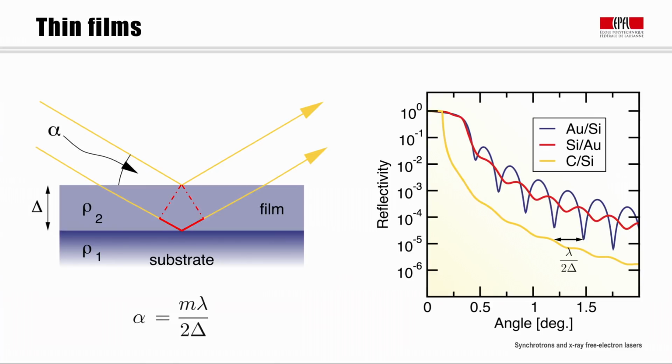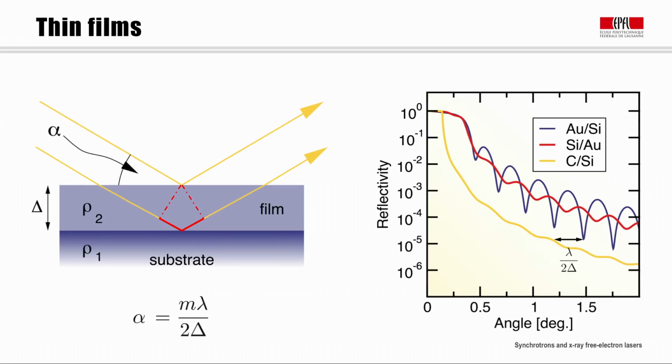This is essentially just a restatement of Bragg's law, where alpha is equal to theta, and we approximate sine alpha with simply just alpha, as long as we express that in radians, for the shallow angles relevant to X-ray reflectivity. The d spacing is simply the film thickness delta.